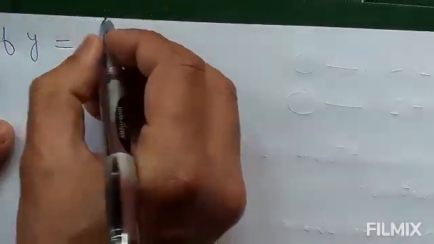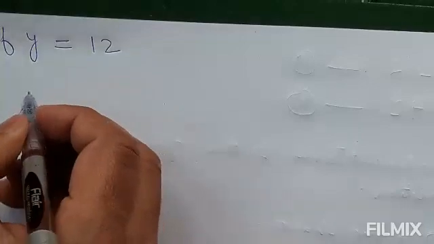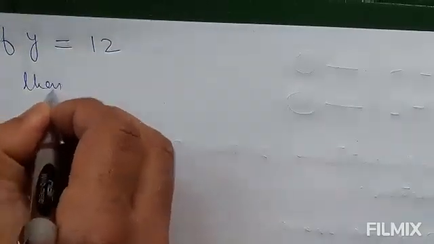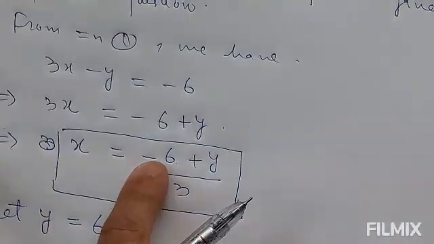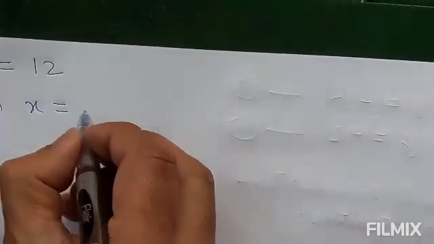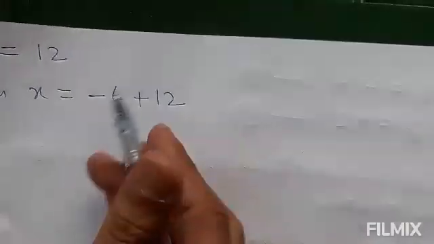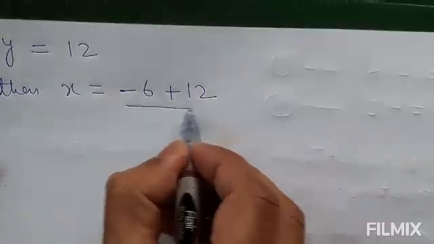Now furthermore, if y equal to 12, let us see what will be the value of x. Then x equal to minus 6 plus 12, value of y, and divided by 3.